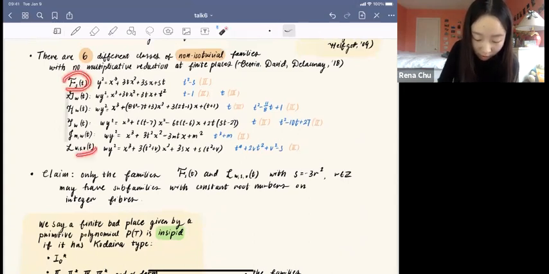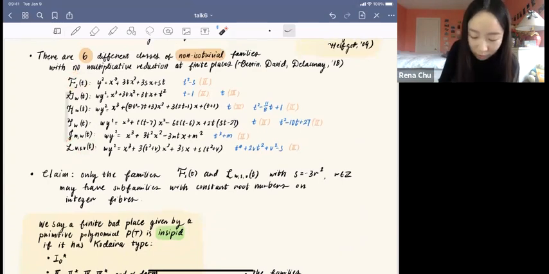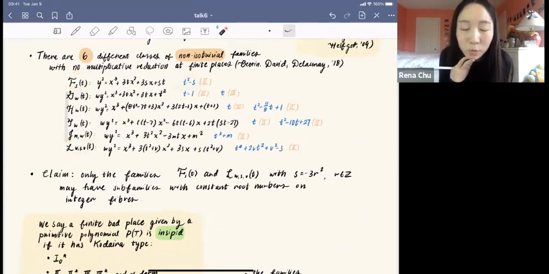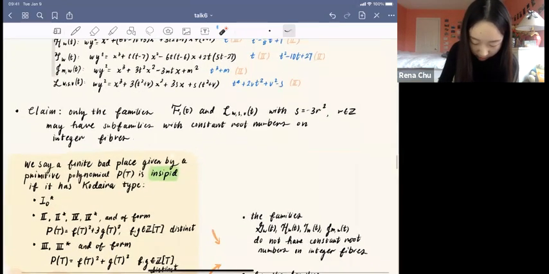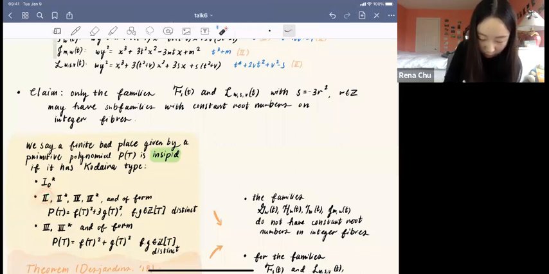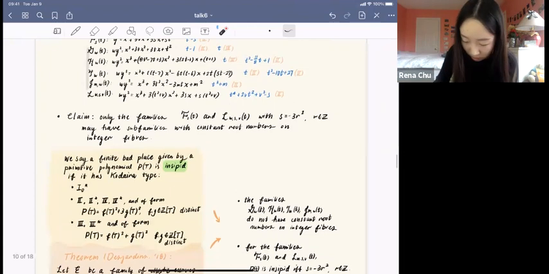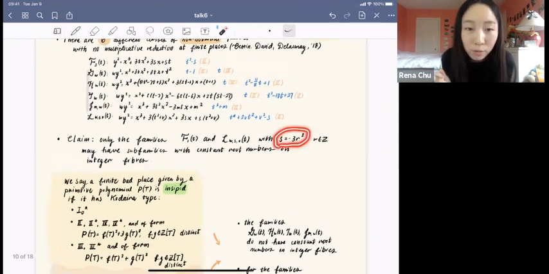So what happens for these two families? If we look at the F family, right here, t squared minus s with Kodaira type 2, we see that by this definition, it is of this form precisely when s is of this form, so when s is equal to 3 times an integer squared.